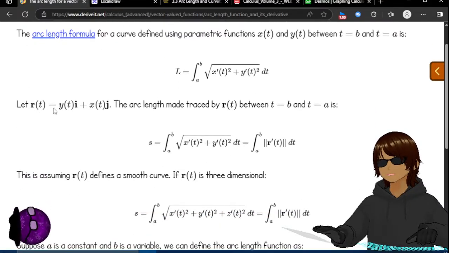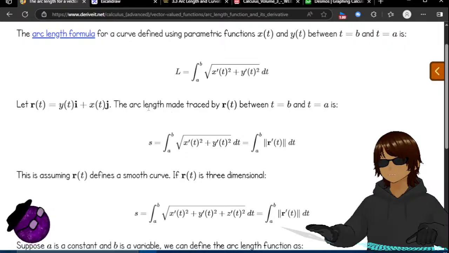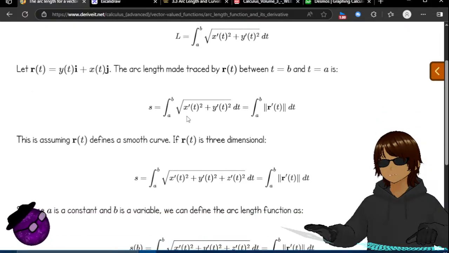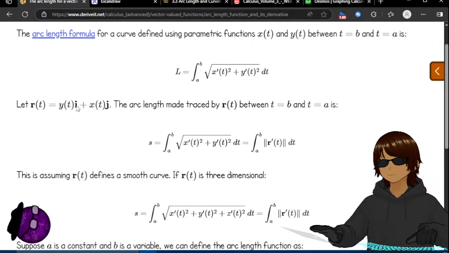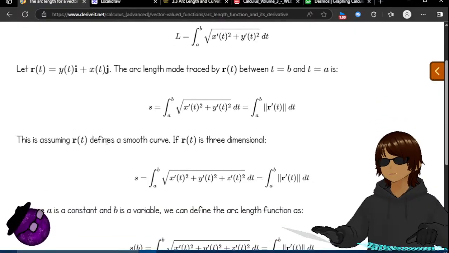Now let r be yt i plus xt j, the arc length traced by rt between b and a is, so we have these two. This is assuming rt defines a smooth curve.